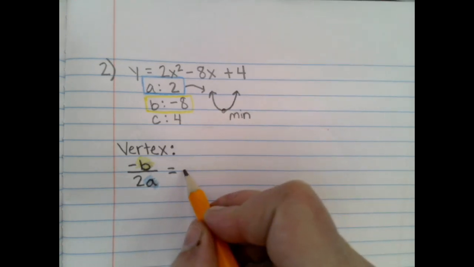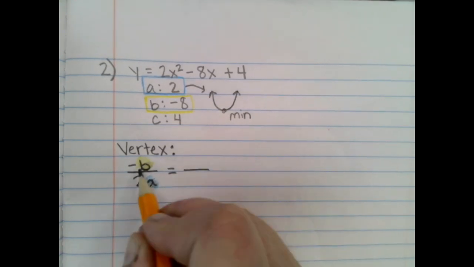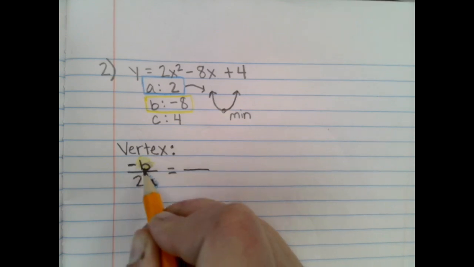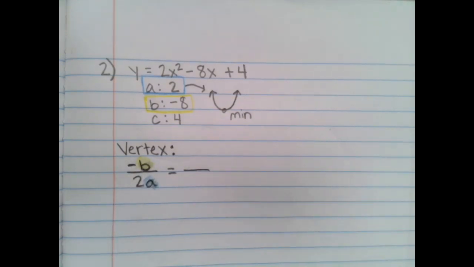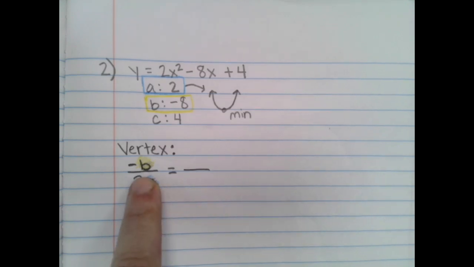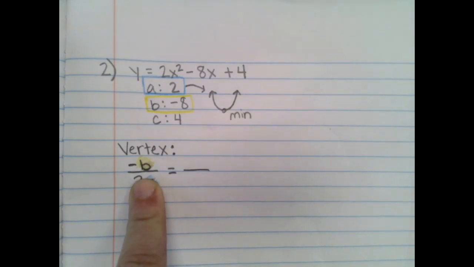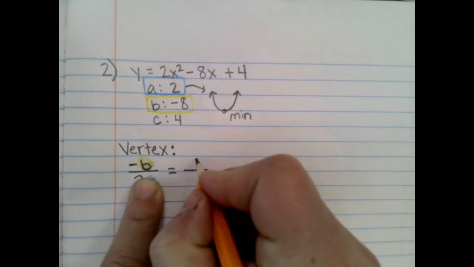The biggest mistake I see on this is people forget to do that opposite. So when we look at B, Phoenix said B was -8. So Ayan, what's going to be the opposite of -8? +8. Good. So +8.